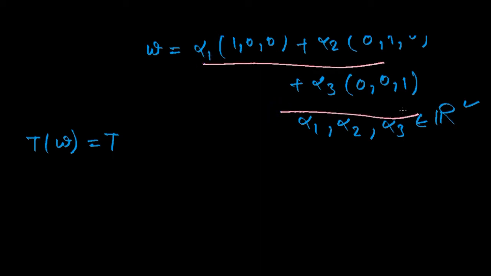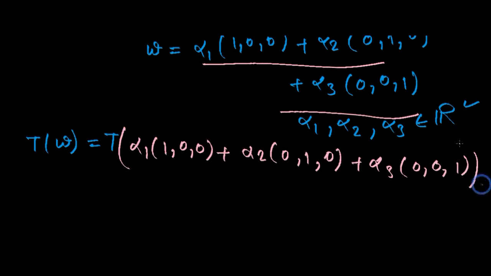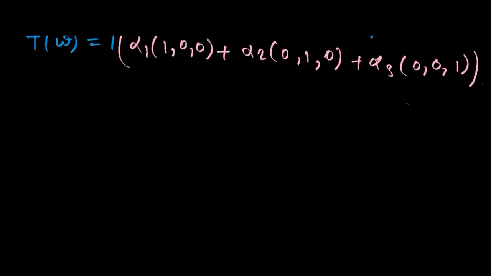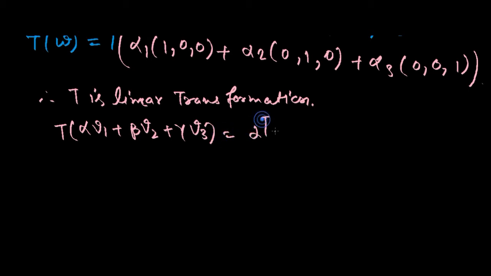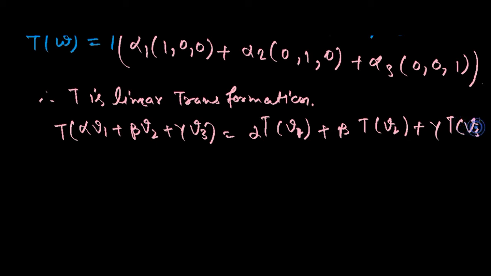Since T is a linear transformation, we have T of alpha times v1 plus beta times v2 plus gamma times v3 equal to alpha times T of v1 plus beta times T of v2 plus gamma times T of v3, right?